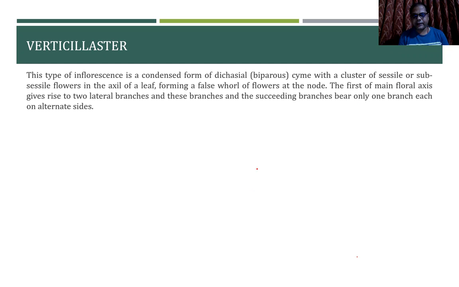In majority of cases, it's the helicoid monochasial kind. So if you want to remember it, it's the dichasial kind further becoming a monochasial kind, and the monochasial kind is, in majority, a helicoid. We saw in case of cymose inflorescence that there are two forms of monochasial kind. One is the helicoid, and this helicoid is basically what we see in case of verticillaster.